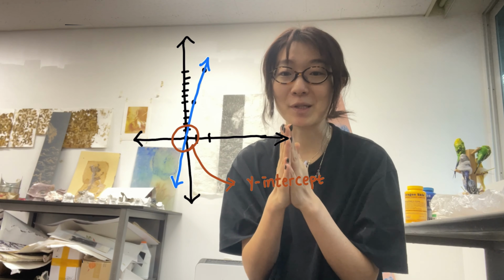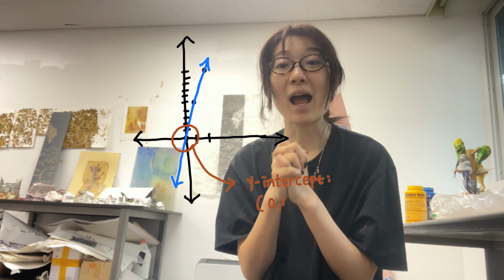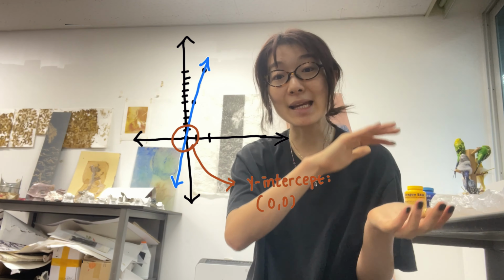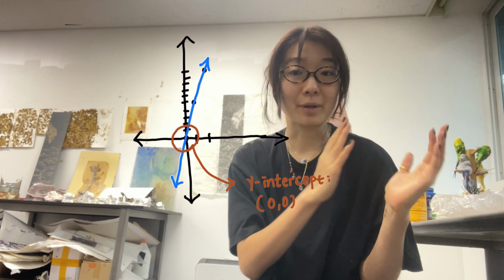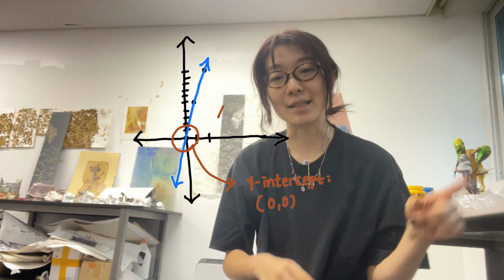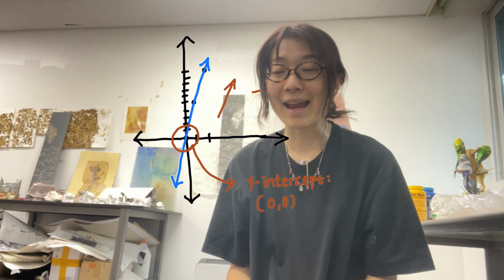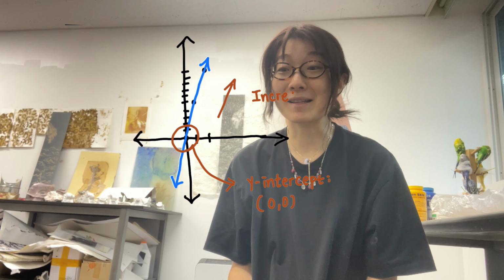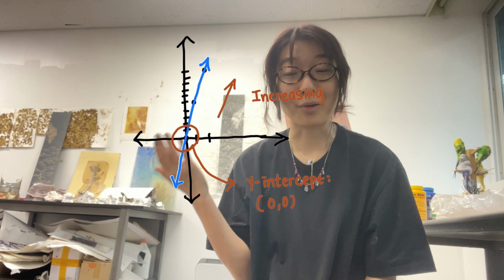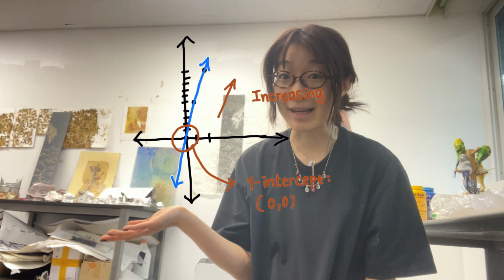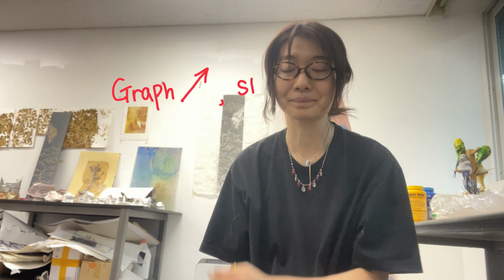Another important observation we could make is that our graph is increasing from left to right. It's going up. And that's really interesting because take a look at our slope. Our slope value is positive, right? So we know that when our slope is positive, that means our graph is increasing.